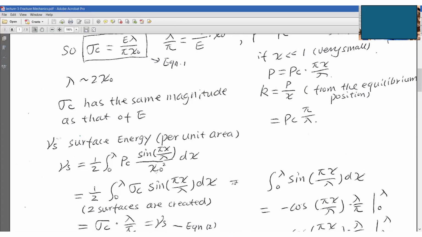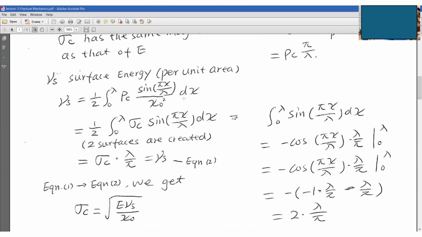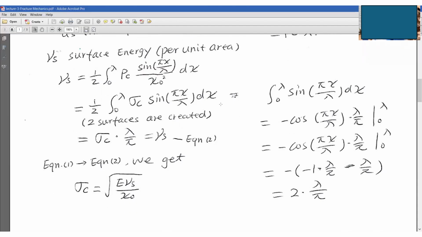So PC divided by x0 squared gives sigma C sine of pi x over lambda dx, and here it shows how we get the integration of this integrand from 0 to lambda, and so we have this. So you guys just take a look at this integration, right?